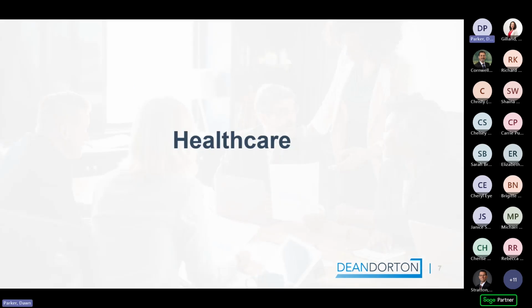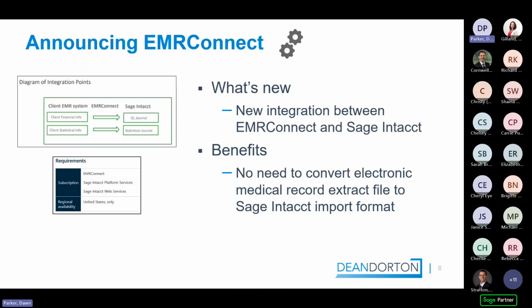For our healthcare clients, all of our healthcare clients, or at least most of them, have an EMR system, electronic medical record system. Now Sage has an integration between EMR Connect and Sage Intacct, so there's no longer that need to convert your electronic medical record extract file to the Sage Intacct import format.